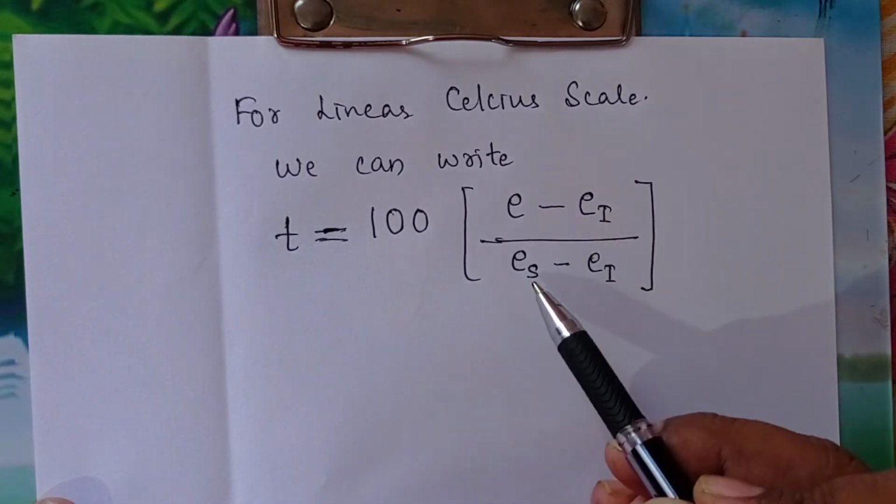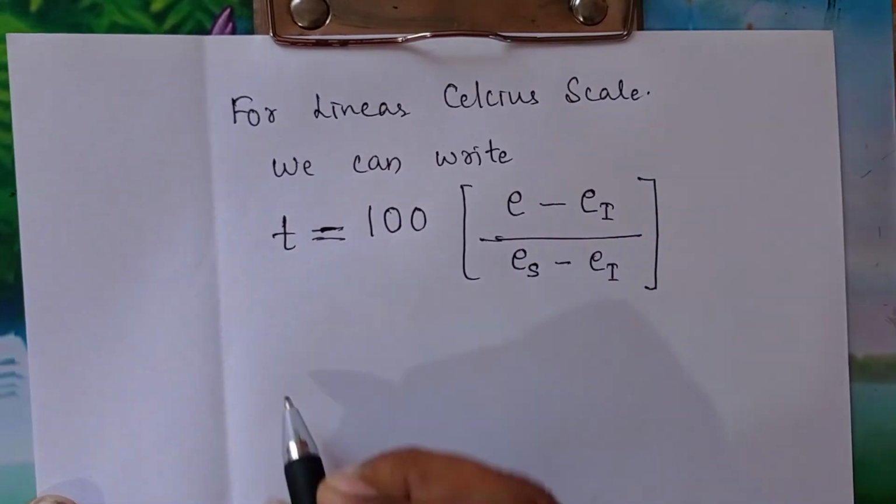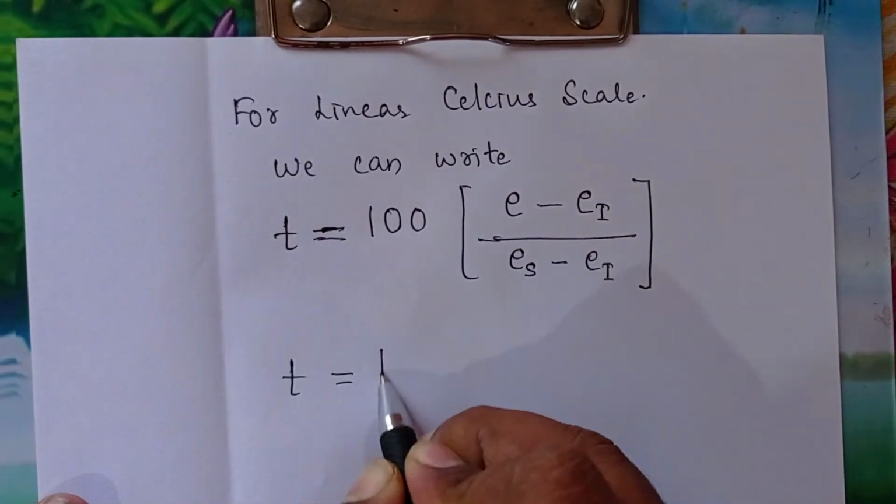EI is at ice point, ES is at steam point, and E will be at this temperature of 50 degrees centigrade.